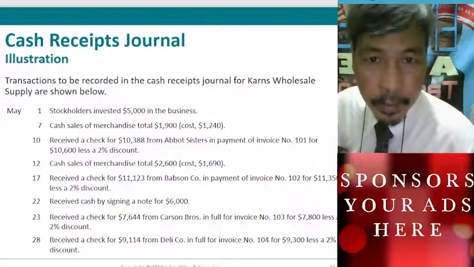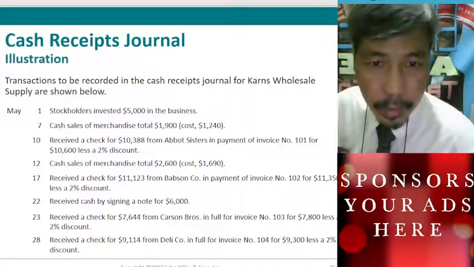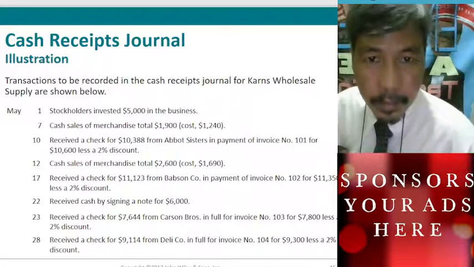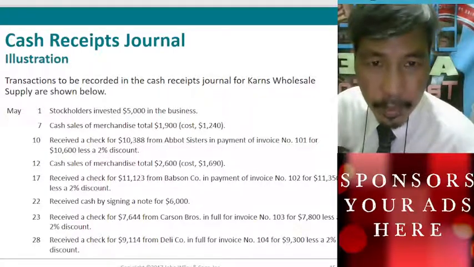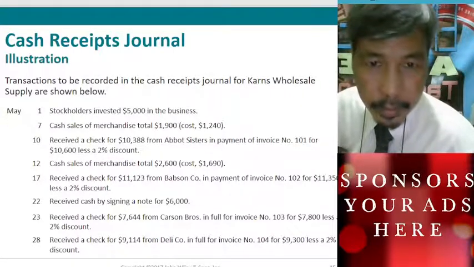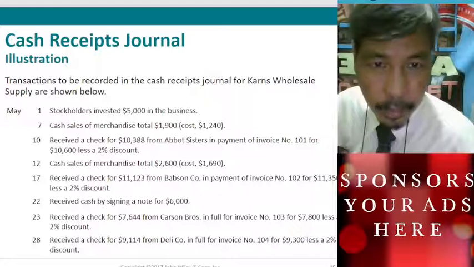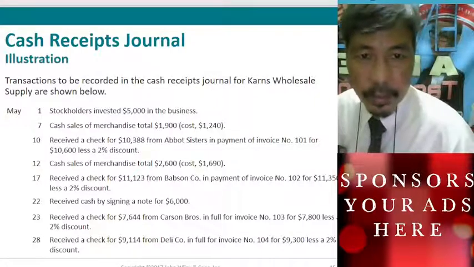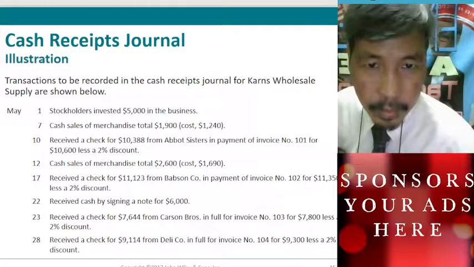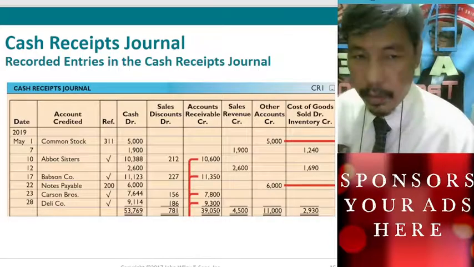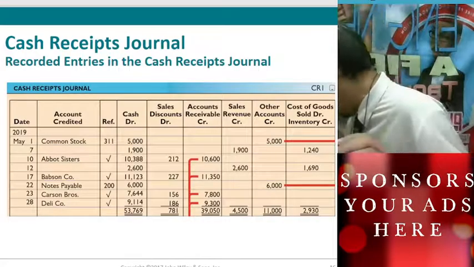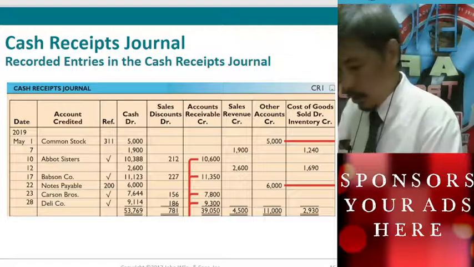Okay, for the example we have here: cash, May 7, cash sales. Then May 12, cash sales. These are the recorded transactions.